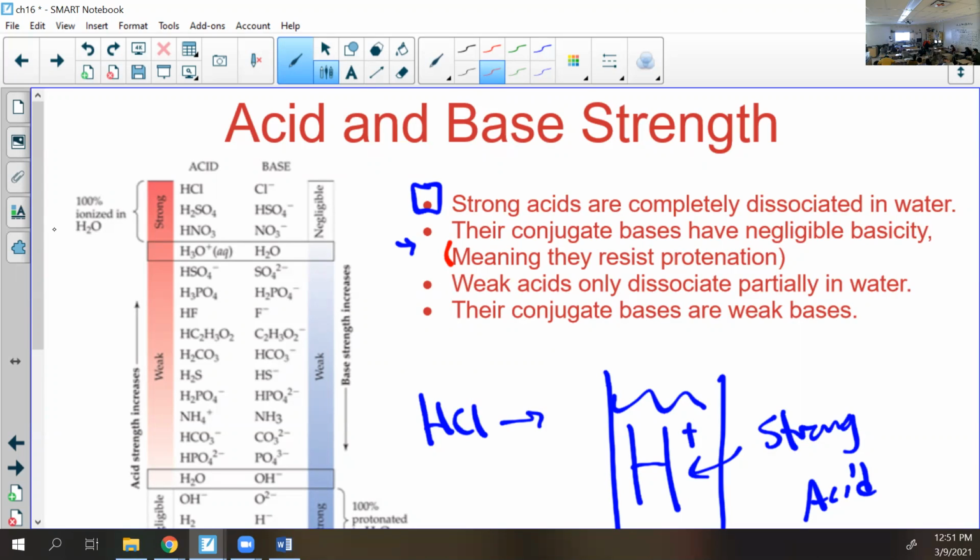Cl minus does not grab H and come back to HCl. So if we were going to say it had a K value, it'd be a really large one. It'd have almost all products, the HCl. I'm confusing myself, so I'll show you, it's in this picture.